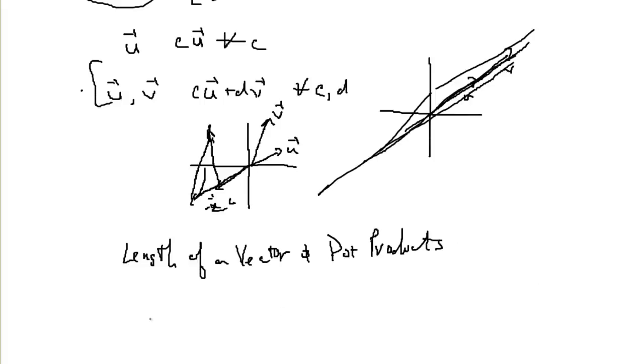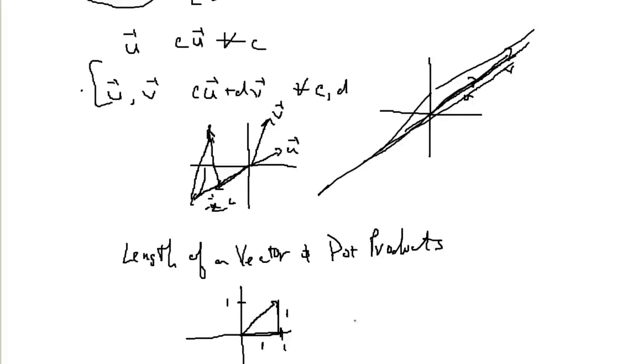So we can probably figure out that if I have a vector, let's say the vector 1, 1, and I want to figure out how long that vector is, well, we can use trigonometry. We know that if I form the right triangle like this, that this side will be 1 and this side will be 1.